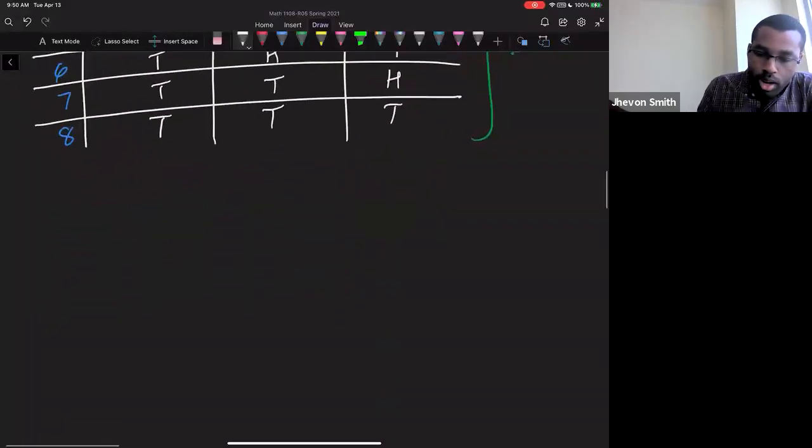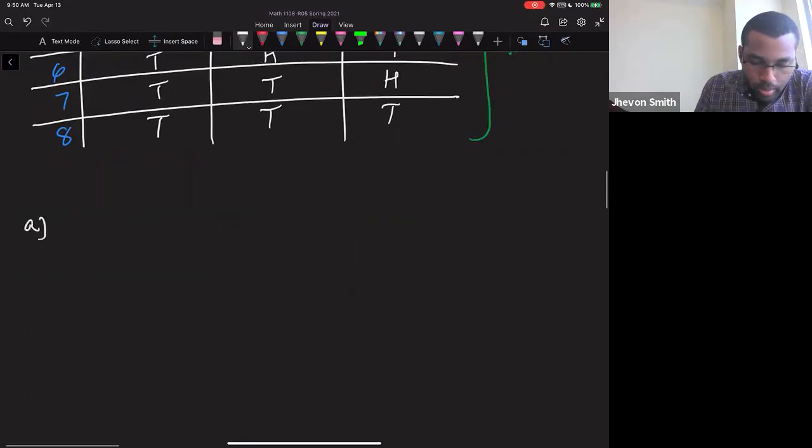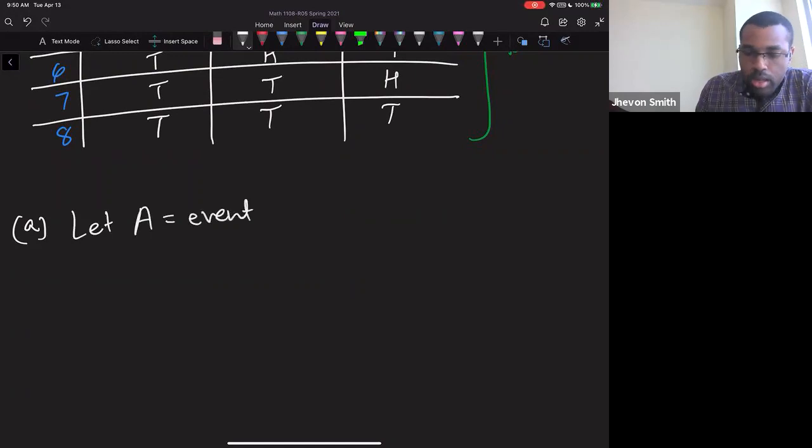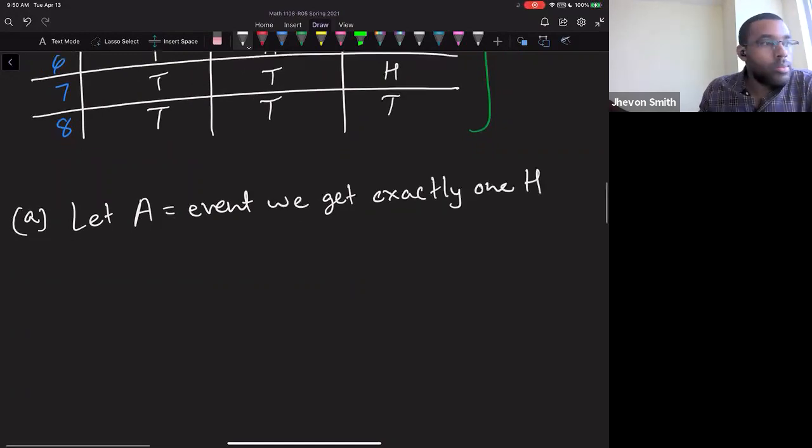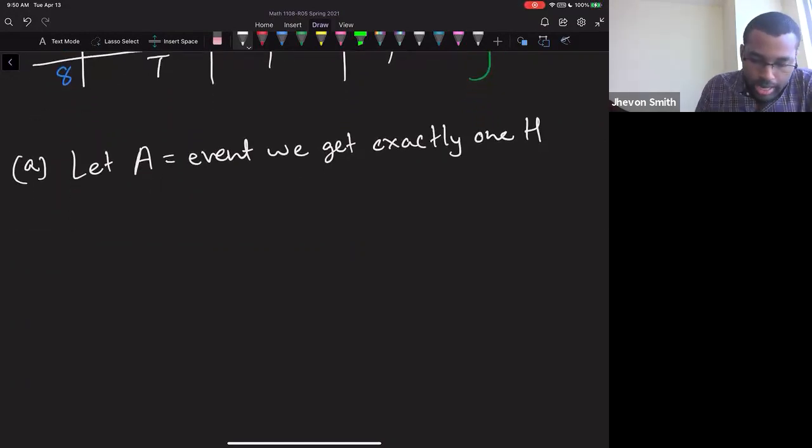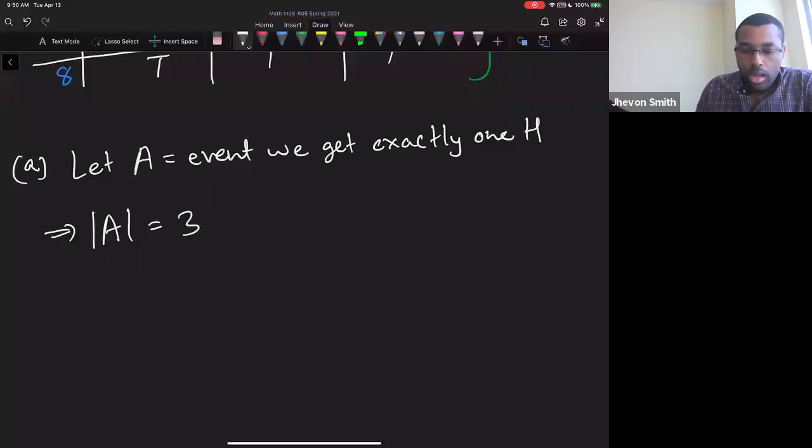So if we move on to, say, part A, let A be the event we get, let's see what the question is over here, exactly one head. So you'll notice that the size of A is actually equal to 3. How do you know it's 3?